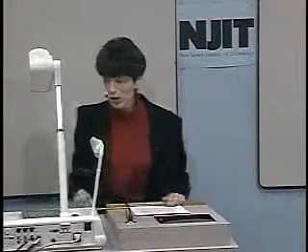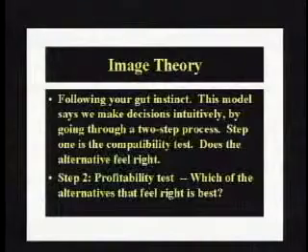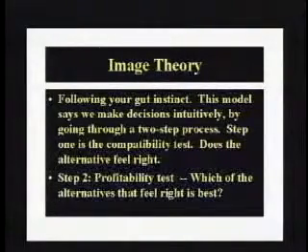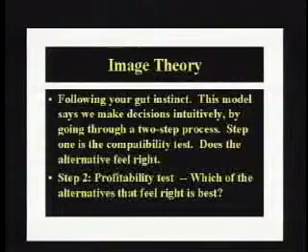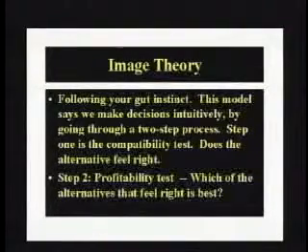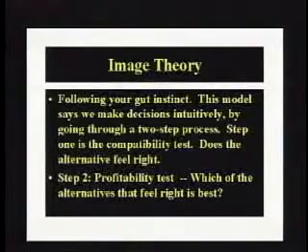And yet, one other theory that describes how we go about making decisions, image theory. This one relies on notions that we act intuitively much of the time, that we have gut instincts about what is the right way to go, and much of what happens afterward is kind of rationalizing what feels right to us.